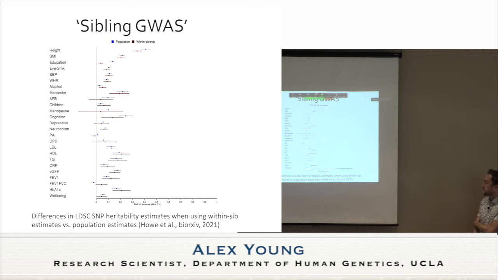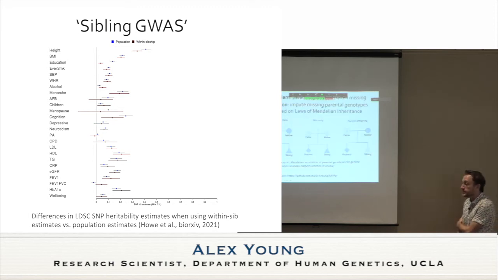So there's clearly some difference going on in what's being picked up. Is it heritable variation, mating? There are all sorts of reasons why these things can be different, but they are quite dramatically different, for example, for educational attainment.